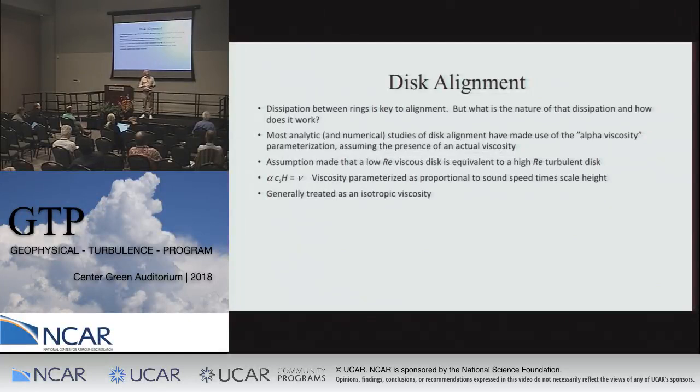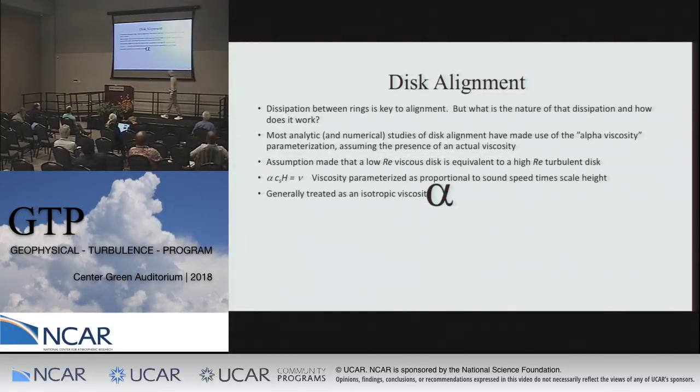So that is why we have to use alpha viscosity. And so alpha viscosity has now become another physical thing. It's not molecular viscosity, it's alpha viscosity. It's still represented by a scalar nu here. And in these analyses, it's generally treated as an isotropic viscosity and treated like an actual viscosity.